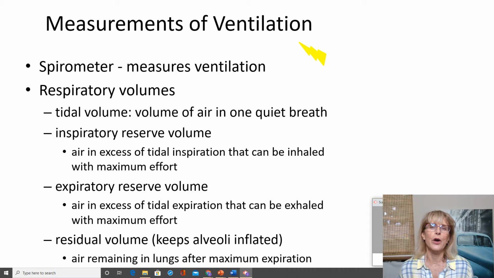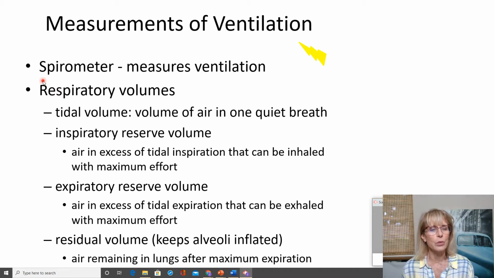Your doctor wants to know how quickly you can exhale, how quickly you can inhale, how much you can inhale, how much you can exhale, all kinds of things. The devices that are used to take these measurements are known as spirometers. And the spirometer we usually use in lab is a pretty antiquated one, but it gets the job done.